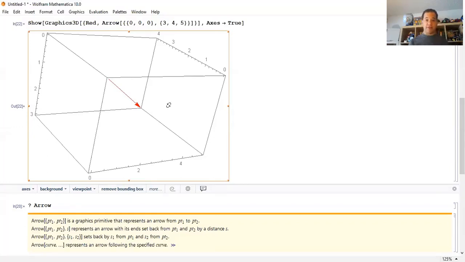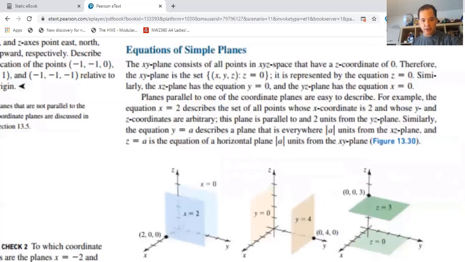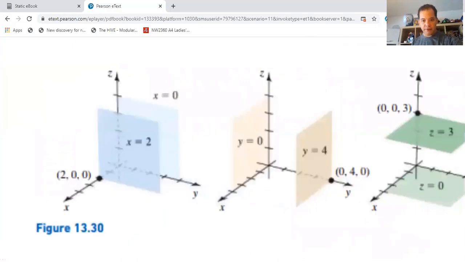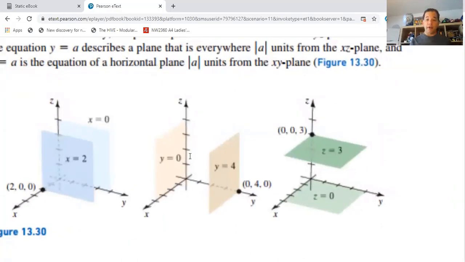So let's go back to the book, and I'll show you some examples of simple planes. Right here at the bottom, you can see some examples of simple planes. These are planes that are parallel to both axes.